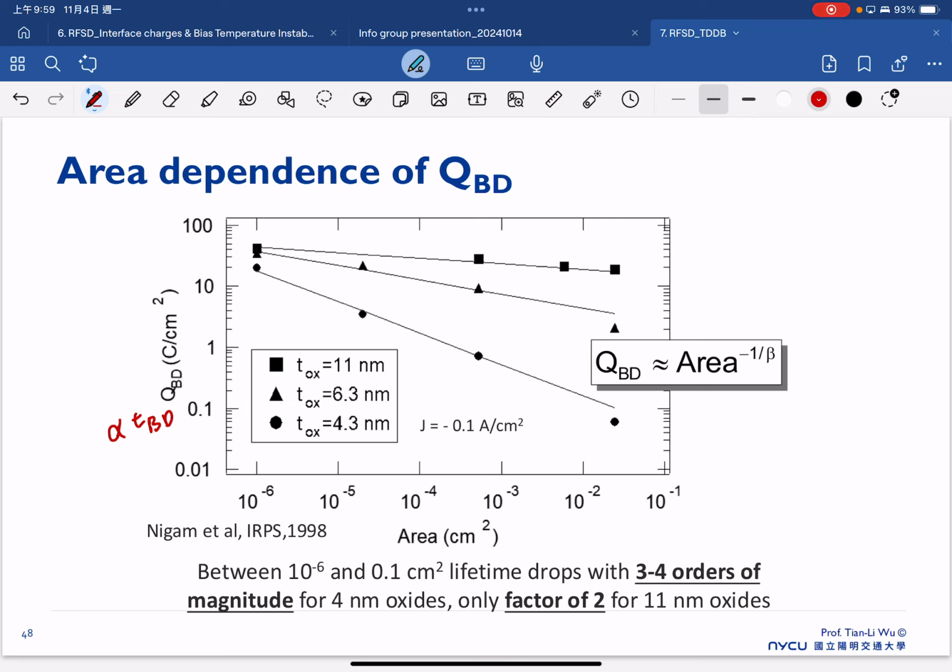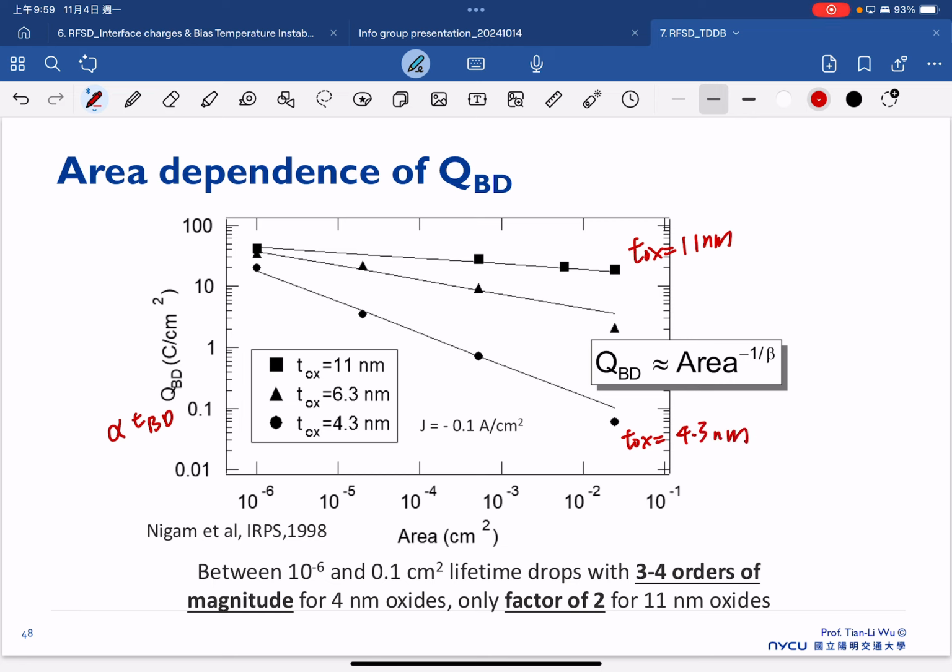So we can see the top one, this is oxide, TOX equal to 11 nanometer. But the bottom is TOX equal to 4.3 nanometer.